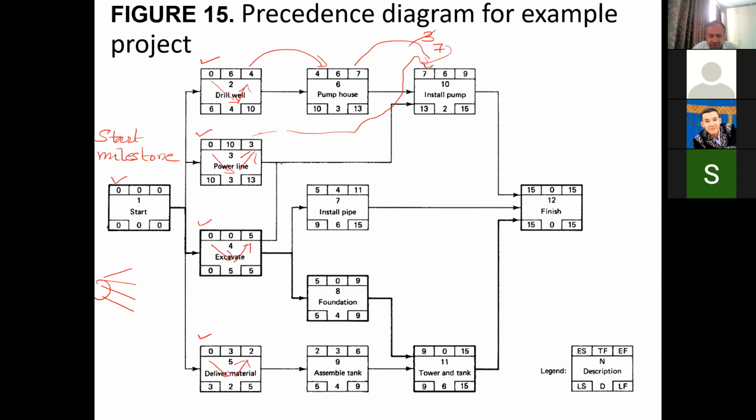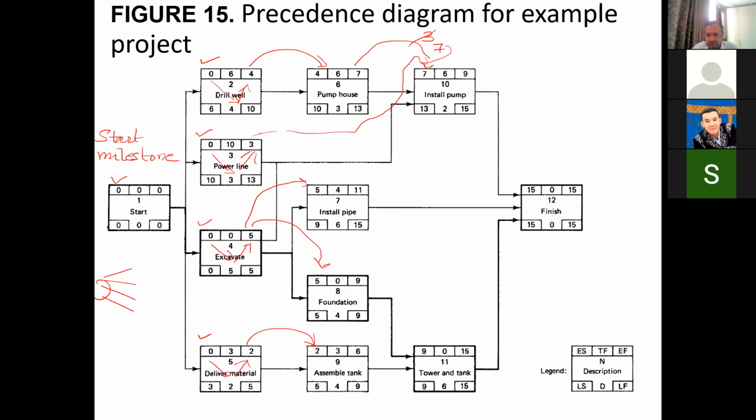Similarly, from here, 5 is coming over here. So 5 is coming from where? This and this have no relationship. This 5 is coming from here. There is only one arrow going into that. And 2 is coming from here.